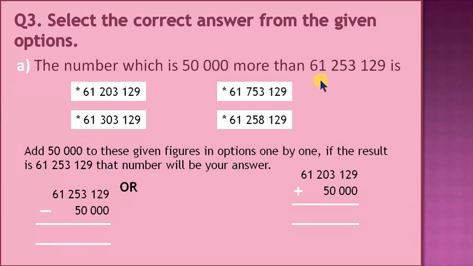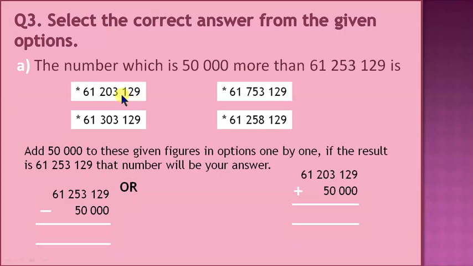If you subtract 50,000 from this value, you will get the answer. Okay, if you add all the options and 50,000, then you will get the answer. Okay, these are the two methods.